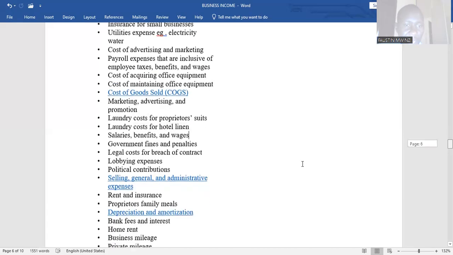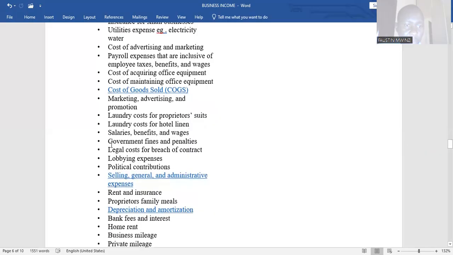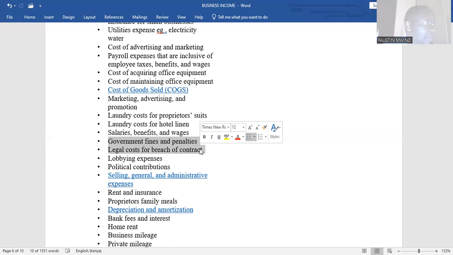Salaries, benefits, allowable. Tell me about these two. Are they allowable? No. Reason? Why would you say no? What reason do we give?